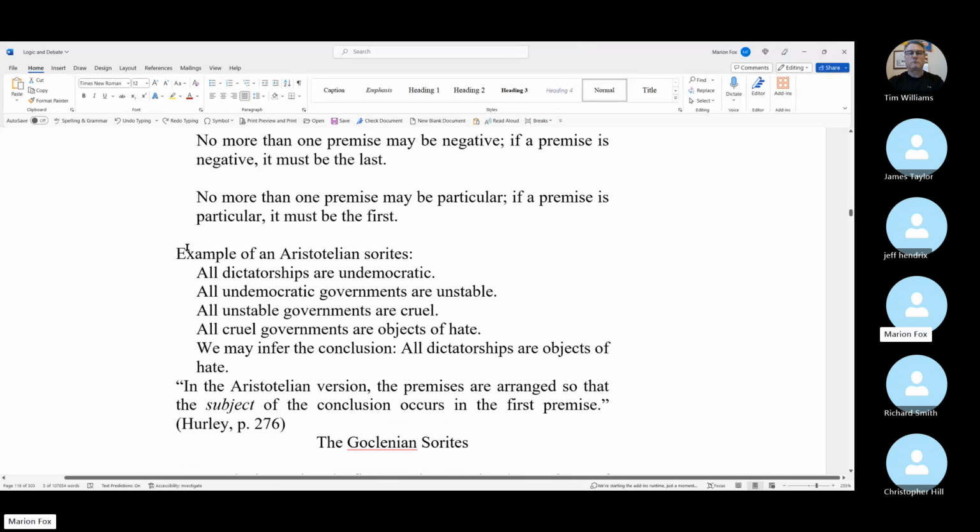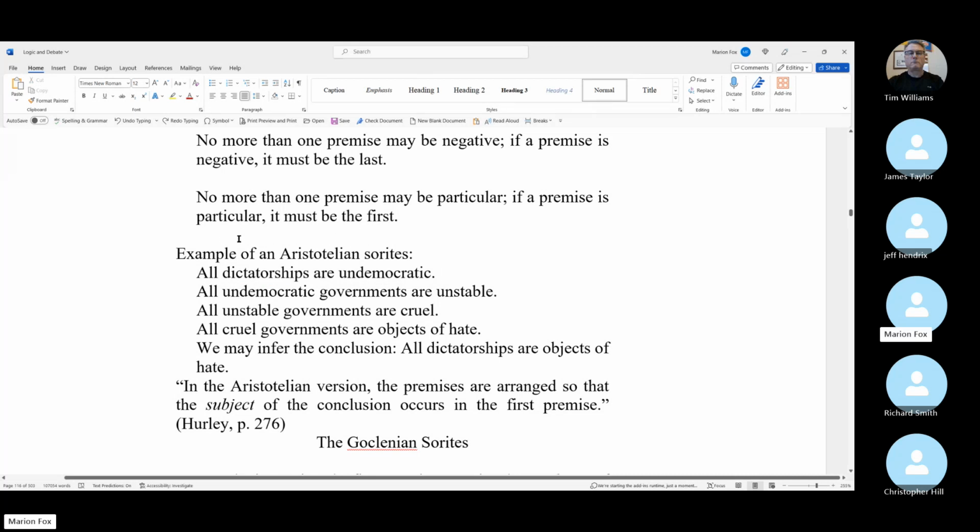Now here is an Aristotle type Sorites. All dictatorships are undemocratic. All undemocratic governments are unstable. This is Hurley's example. All unstable governments are cruel. All cruel governments are objects of hate. We may infer the conclusion: all dictatorships are objects of hate. So that's a series of arguments that he makes. Now each one of these you'll have a premise that's not stated underneath here.